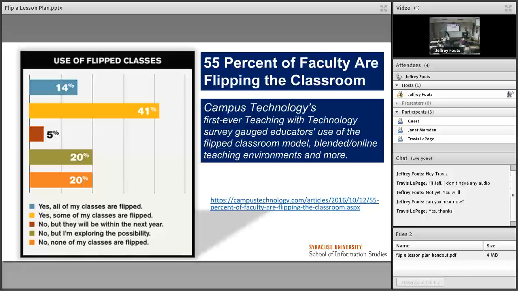Before we get started, according to Campus Technology Newsletter, which is a media group, 55% of faculty are now doing some sort of flip. What I want to do for you is we're going to play bingo.